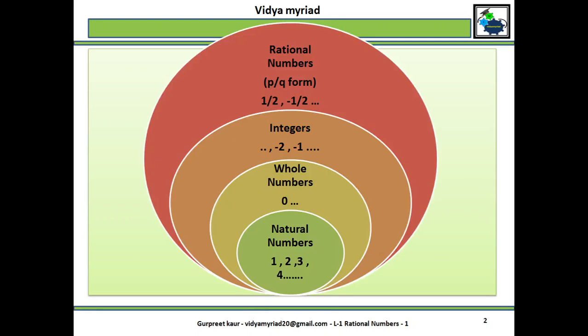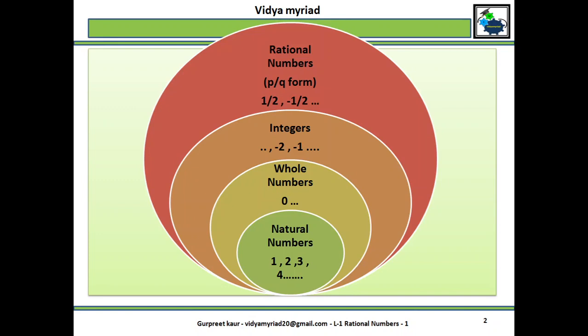Now, if you look at this picture, you see that there are some circles inside. The outer circle belongs to rational numbers. Rational numbers include your integers, your whole numbers, your natural numbers. Now, what are natural numbers? These are those which start from 1.